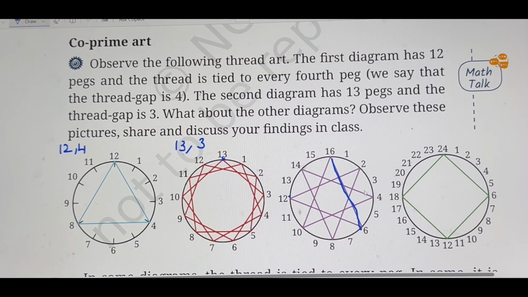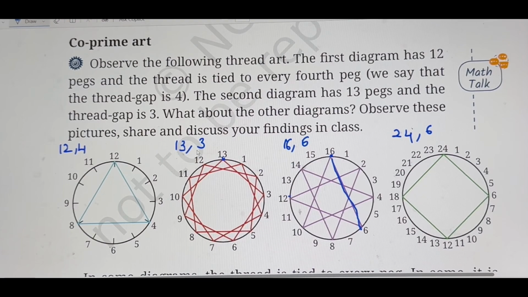Like that you have to continue till you reach this number back. So here the pegs are 16 and the thread gap is 6. Here the pegs are 24 and the gap is 6. This is very clear because it's a simple diagram.